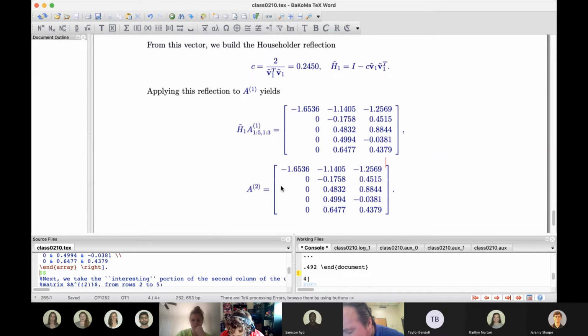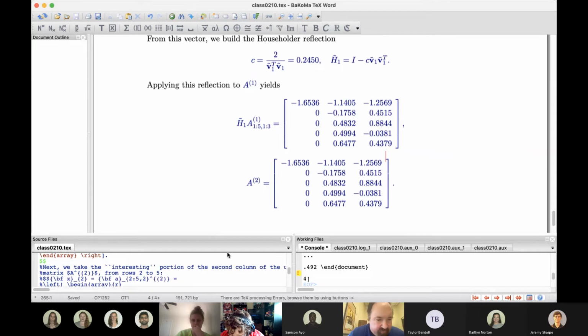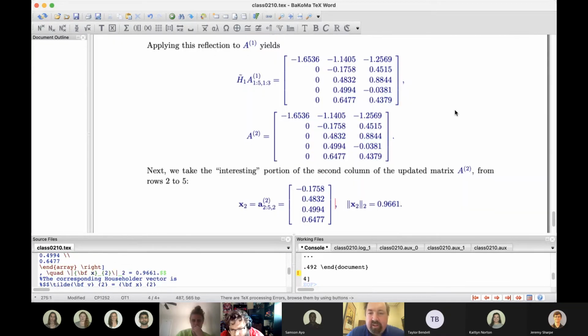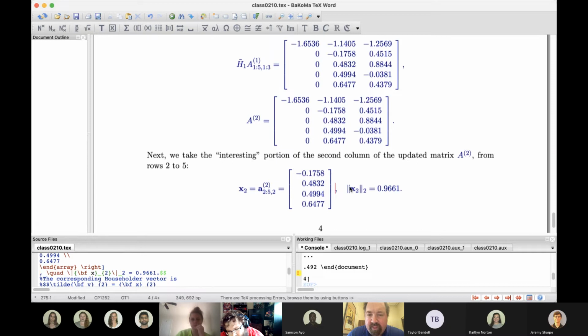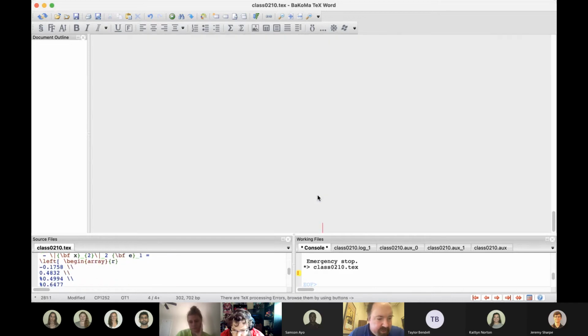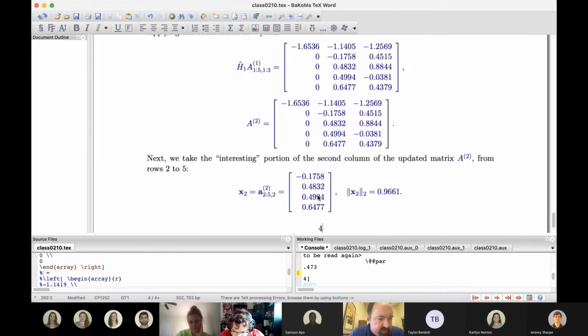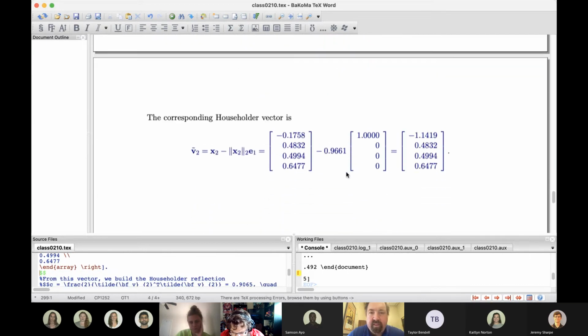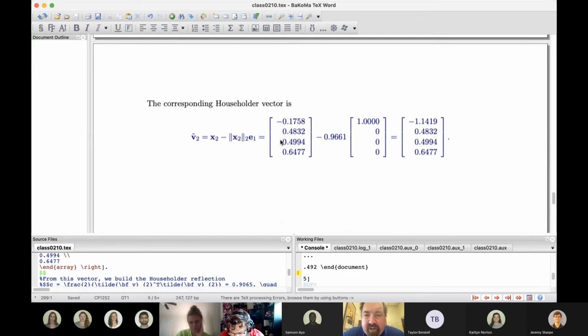So now I work on the second column. I just need the portion from entry 2 to the bottom. So I take those last 4 entries and take a 2 norm. And here, the first element of this portion of the second column is negative, so my vector v will have a minus this time.